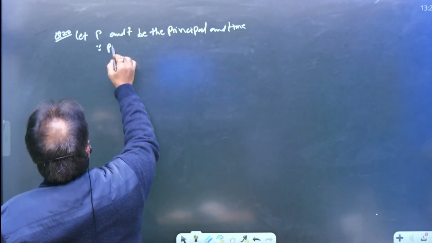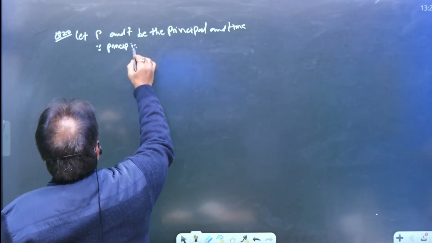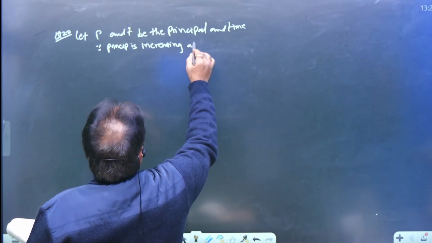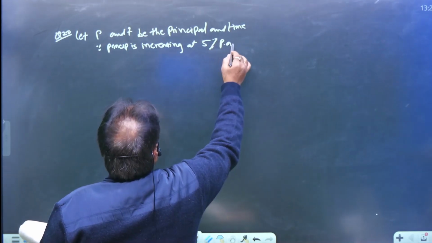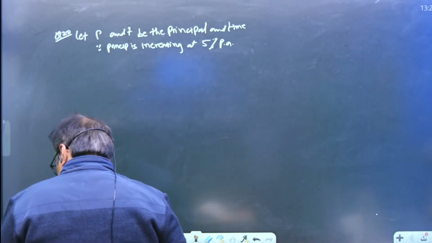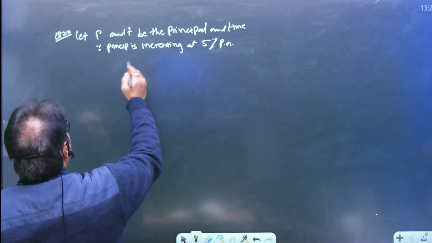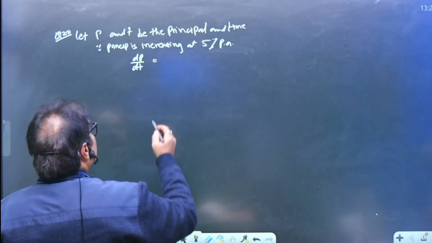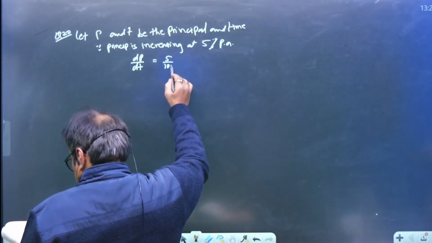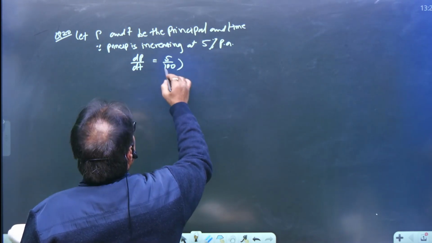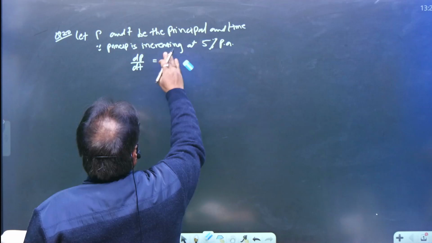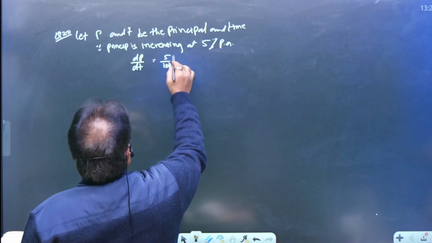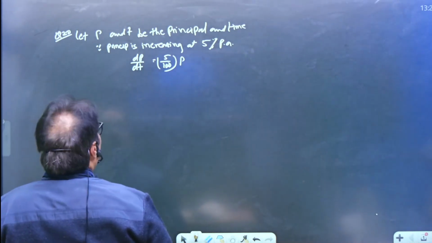Since principal is increasing at 5% per annum, P means principal, so dP by dt is equal to 5% means 5 by 100 into P, 5 by 100 of P.